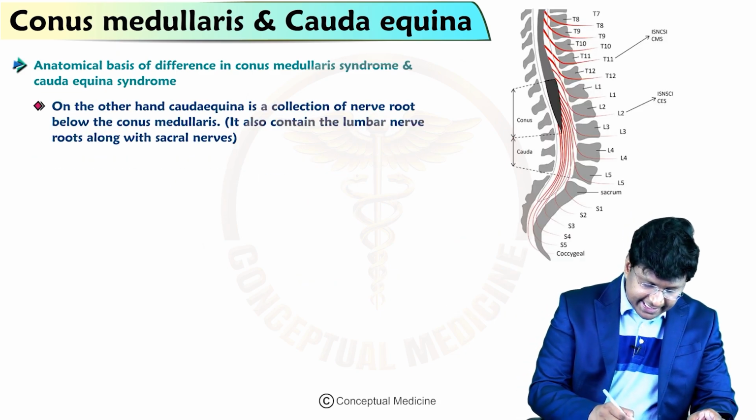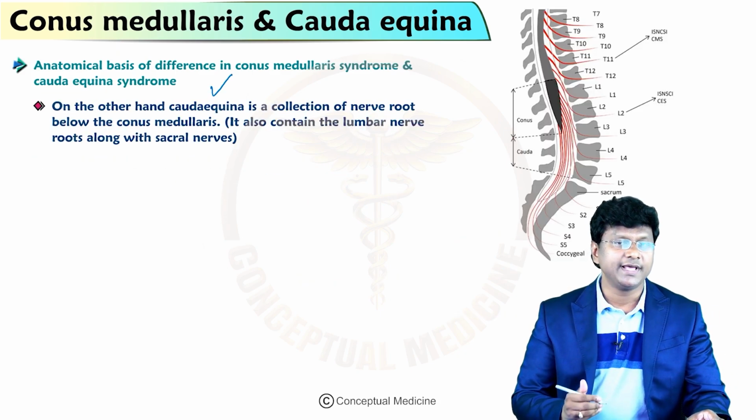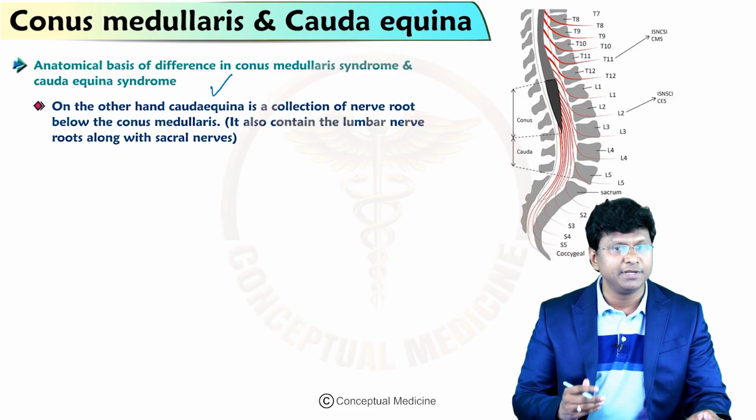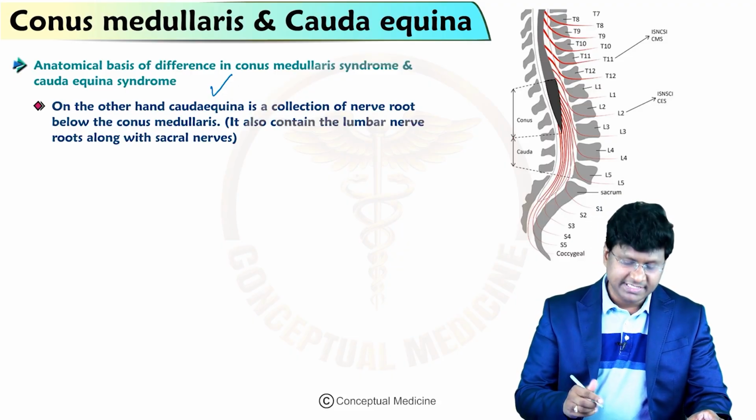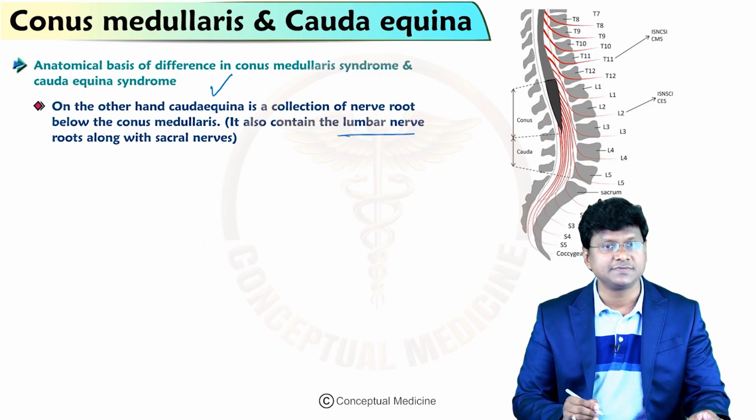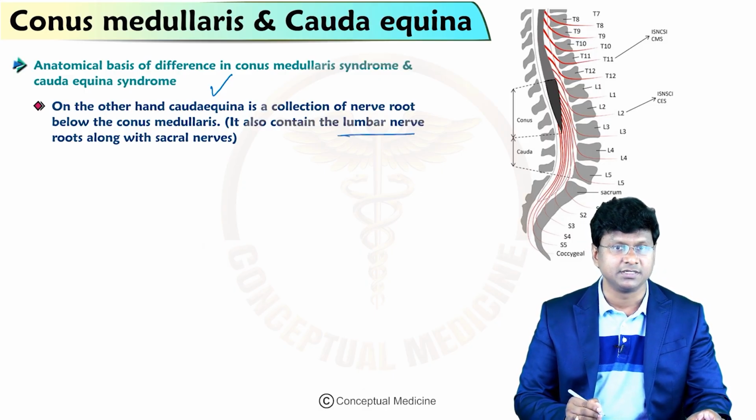Whereas on the other hand, you take cauda equina. Cauda equina is a collection of nerve roots below the conus medullaris. What did I tell you? It contains the lumbar spinal nerves as well as the sacral spinal nerves.